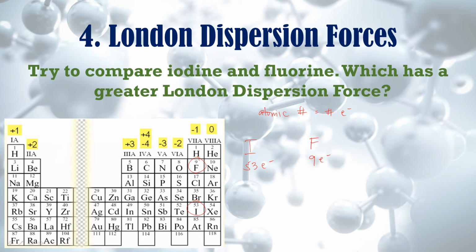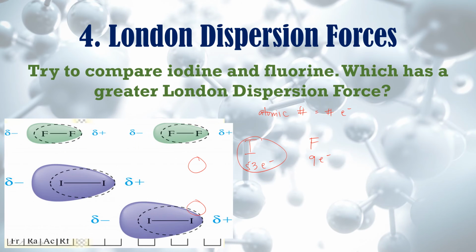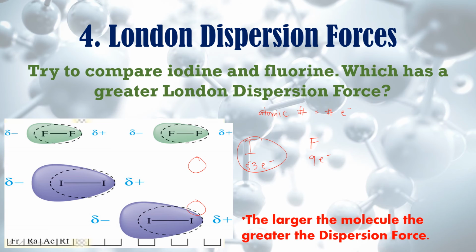So which is greater? Therefore, it will be the iodine. So what conclusion can we get from here? Take note that the larger the molecule, the greater the dispersion force because it contains more electrons. That's the first conclusion.